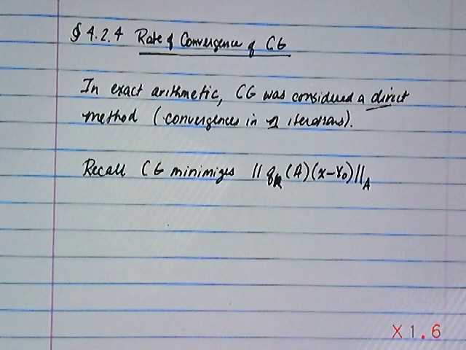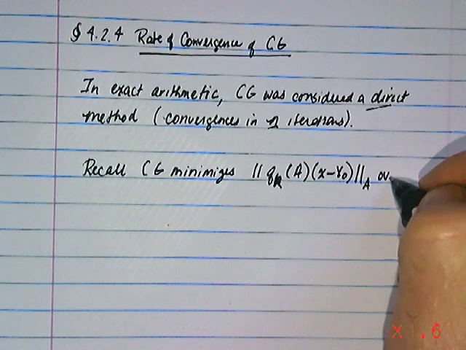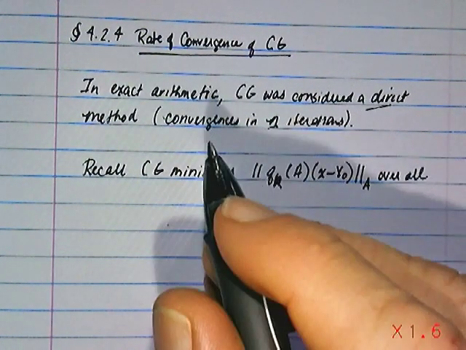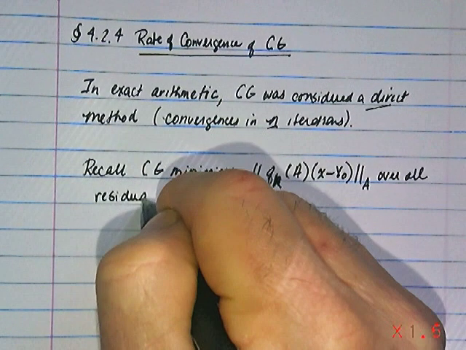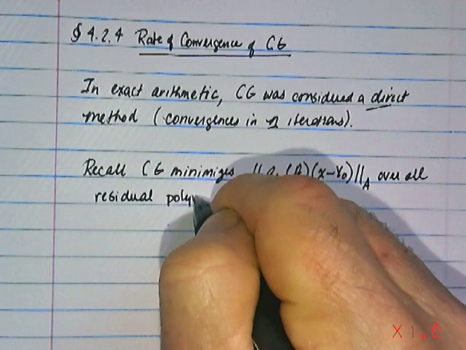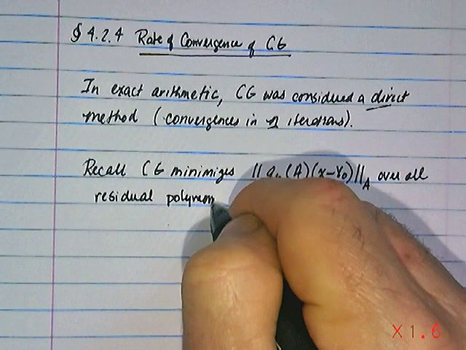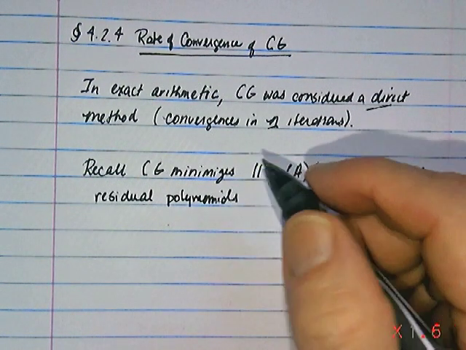So that's what CG really minimizes, and that's over all residual polynomials of degree k.